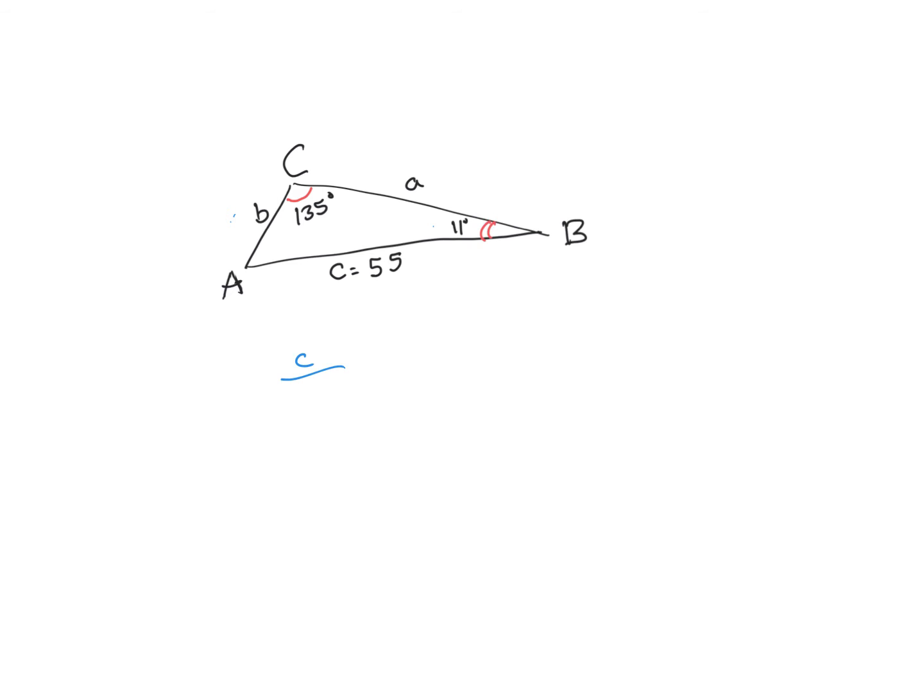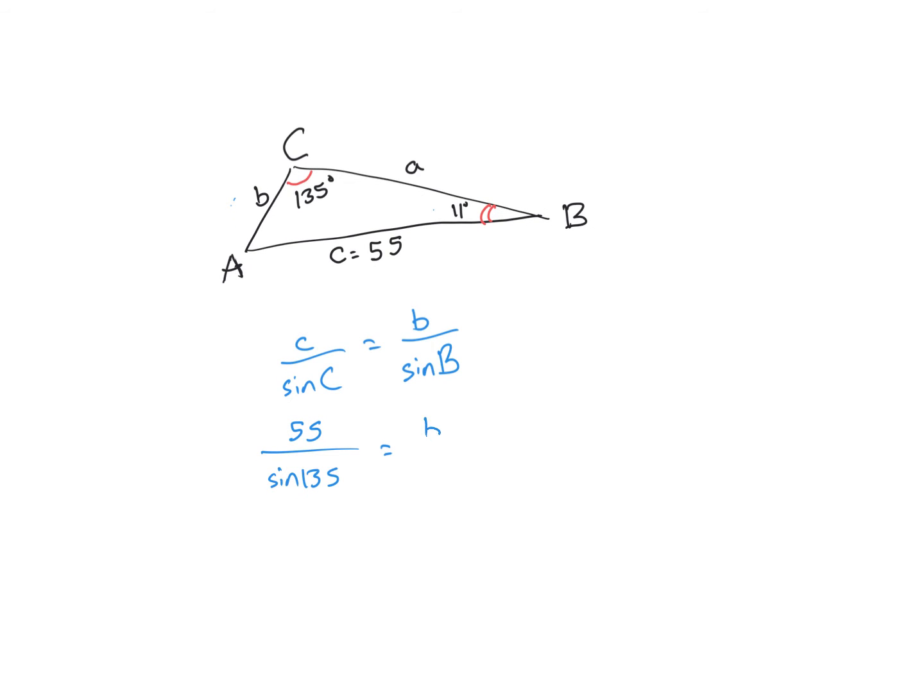So C over sine of C is gonna be my proportion that I use, because I already have my angle and I already have my side, which is gonna be equal to B over sine of B. This gives me 55 over sine of 135 should equal B, which I don't know what that is, over sine of 11.